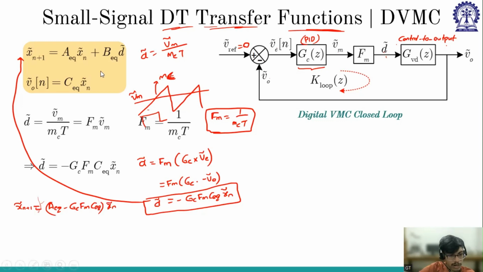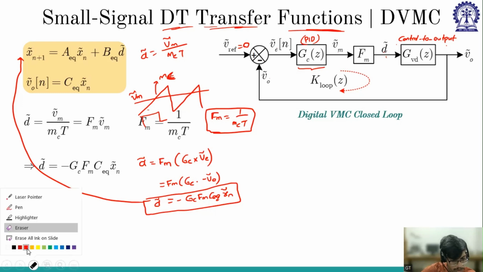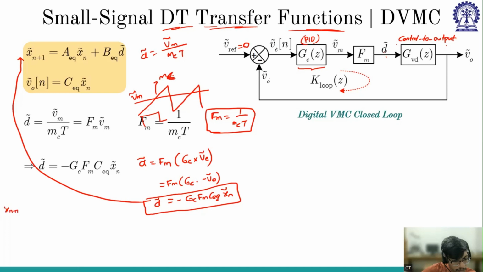I think I have missed one B equivalent term also. So XN plus 1 perturb is A equivalent minus GC FM B equivalent C equivalent, all this into XN perturb.